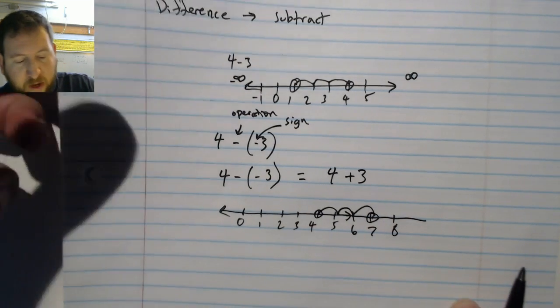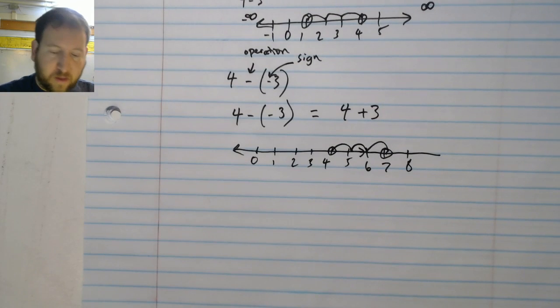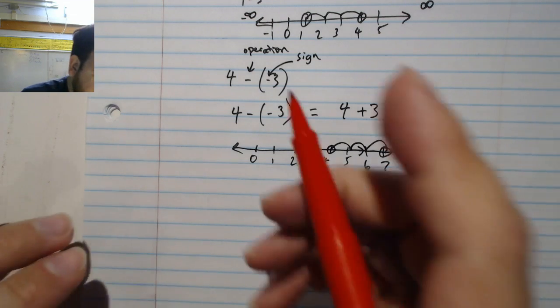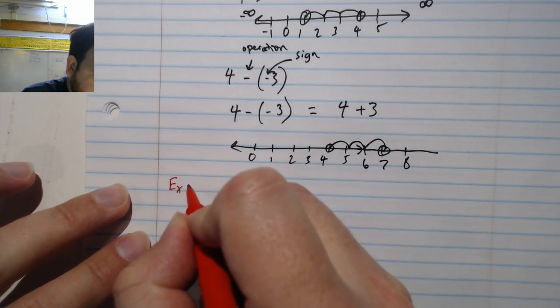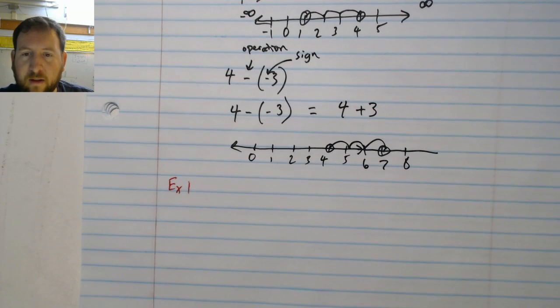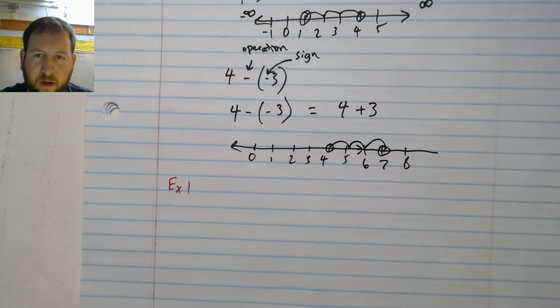Let's look at a couple more examples. If you feel like you get this already, then go on ahead, but I am going to do 2 more examples if you'd like to do it. We'll do example 1. Let me find some good examples in the book.